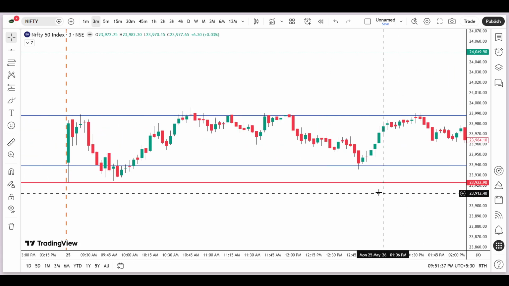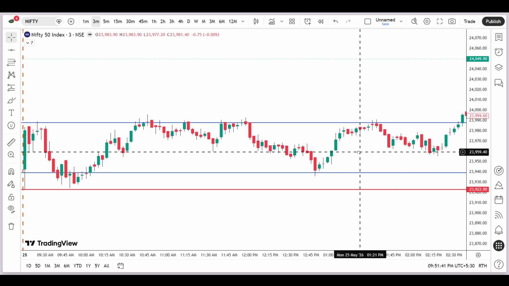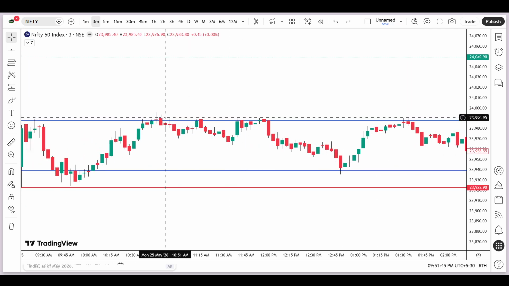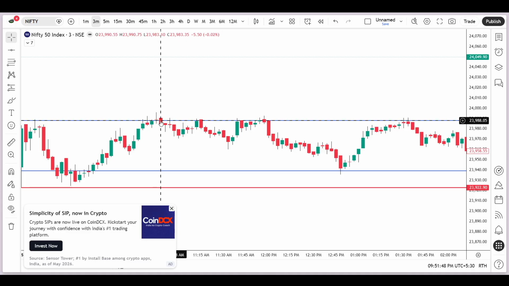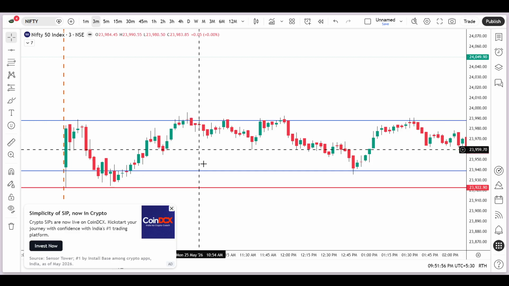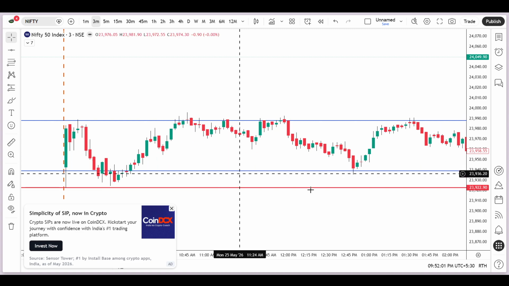Okay, here see, the candle is not closed here. If it comes here, easily we'll take the PE side. Minimum 30 points we can capture easily, 30-40 points easily we can capture here.